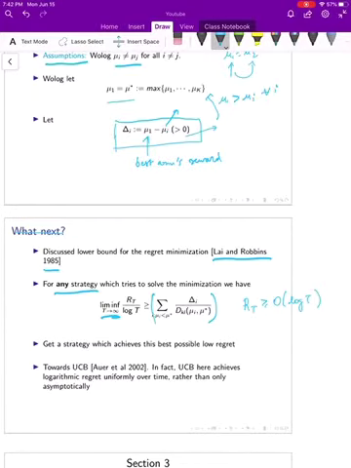This is an informal way of writing, and this constant depends on the problem, like the rewards themselves. Yeah, I think that is it.